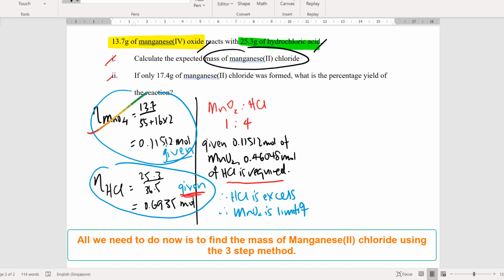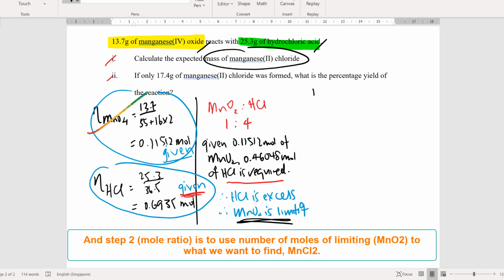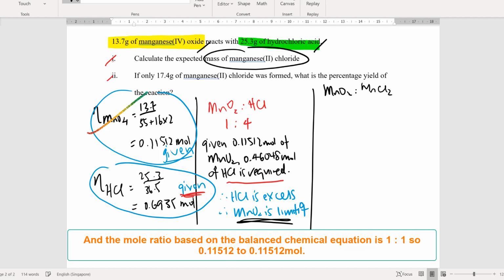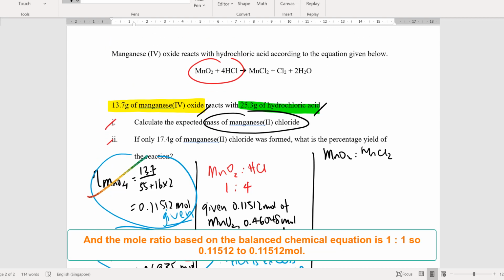We go back to the three-step method, and step 2 is to use the number of moles of the limiting reagent. So the mole of limiting MnO2 to what we want to find, MnCl2, and the mole ratio based on the balanced chemical equation is 1:1.